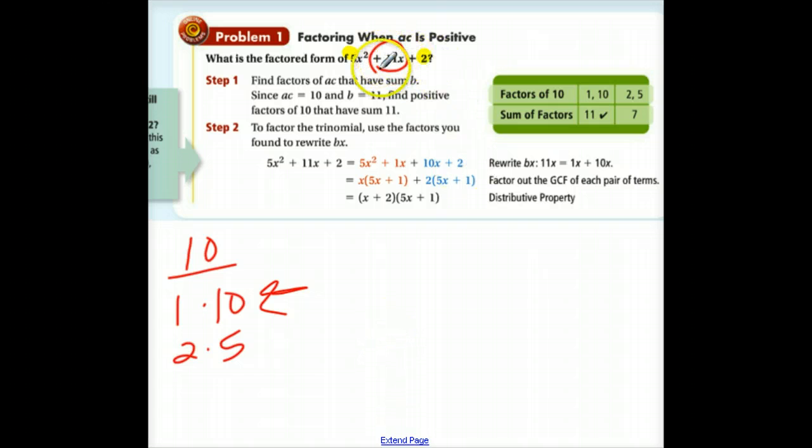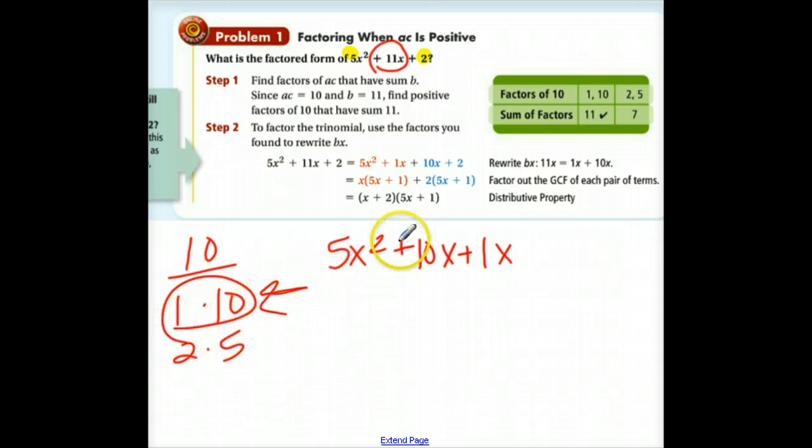So I'm going to rewrite this trinomial like so. 5x squared. Instead of 11x, I know 11x is the same thing as 10x and 1x. It doesn't matter in which order you write these, just as long as they have a sum of 11x. And then my last term is plus 2.